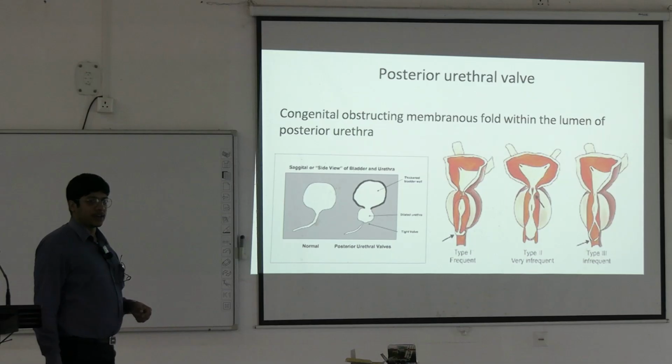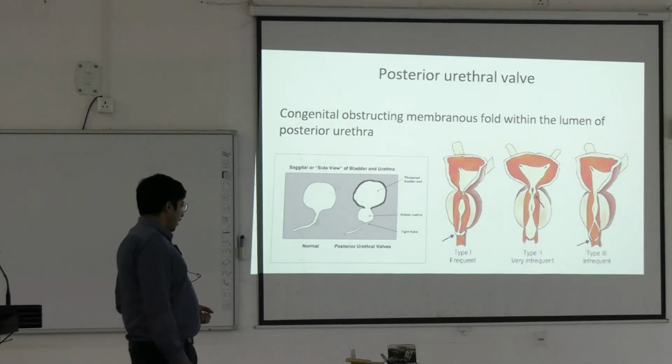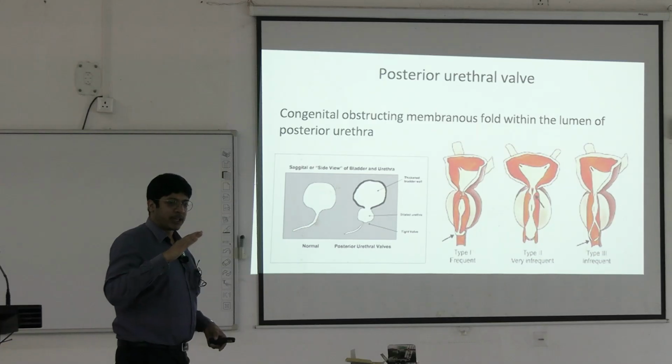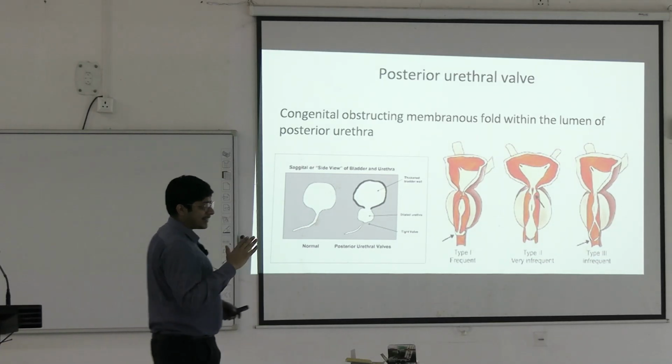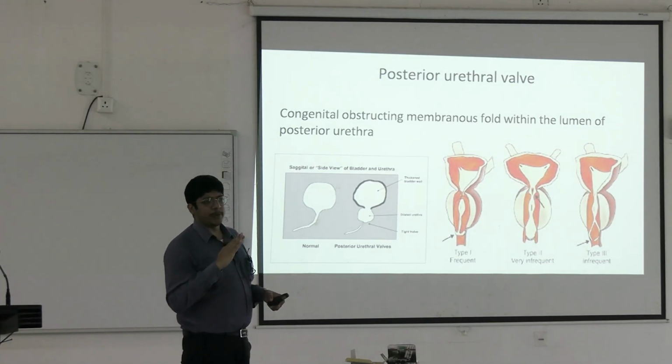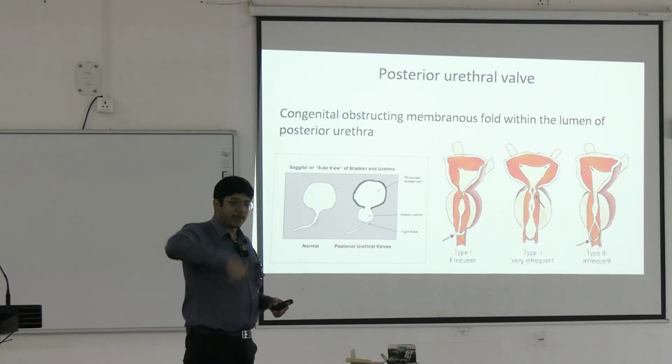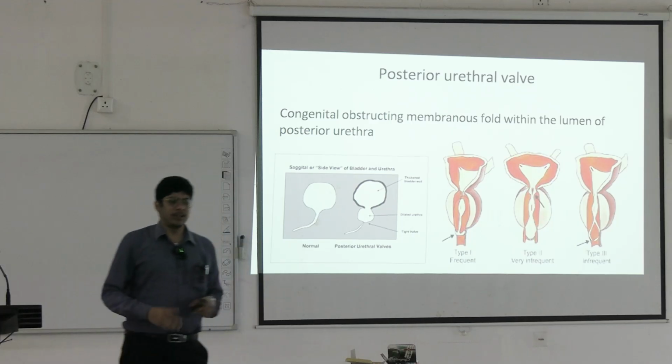It can be of several types, 3 types basically, depending on the orientation of the valve inside the urethra. It can be slanting from proximal below to distal upward or the opposite, or it can be one membrane with a very small hole in the middle.